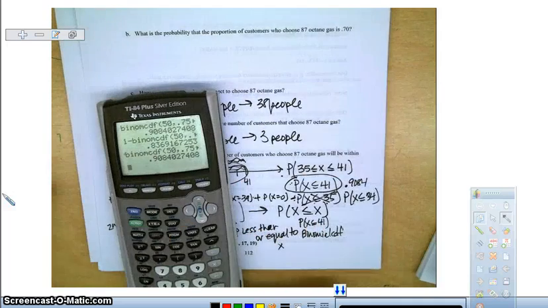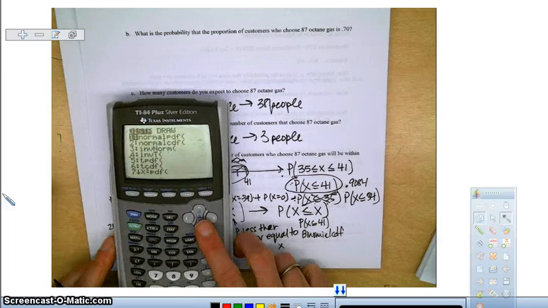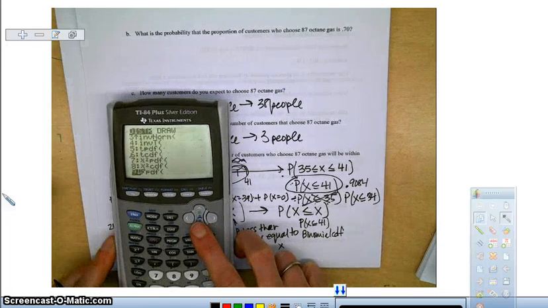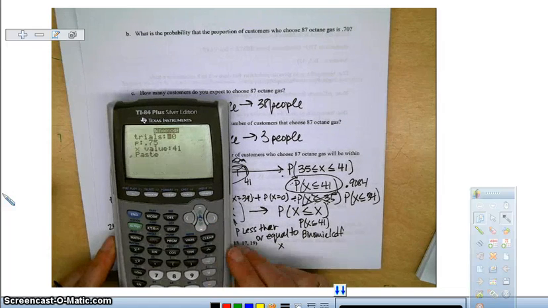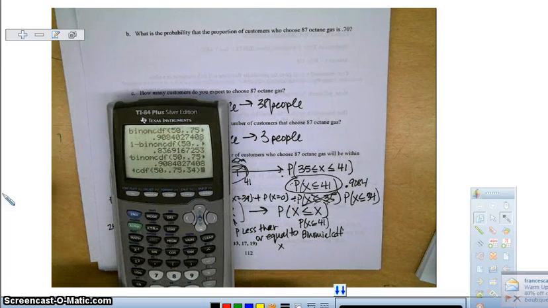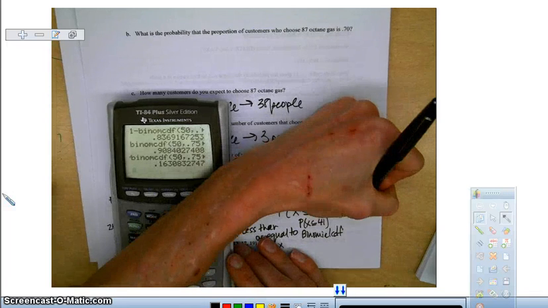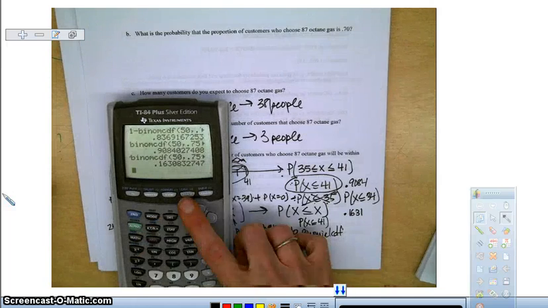And that value is 0.9084. Now I'm going to do the same thing, second distribution, binomial CDF, for 34 now. N is still 50, the probability of success is still 0.75, and the X value this time is 34. Hit enter. We did that because we want to keep the 35 within our standard deviation. This one is 0.1631.